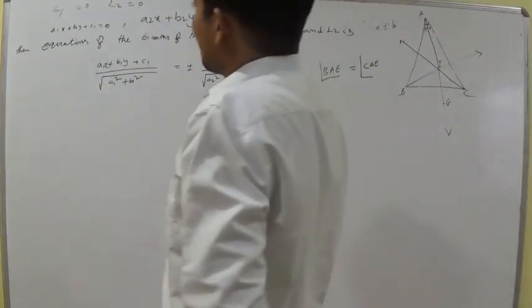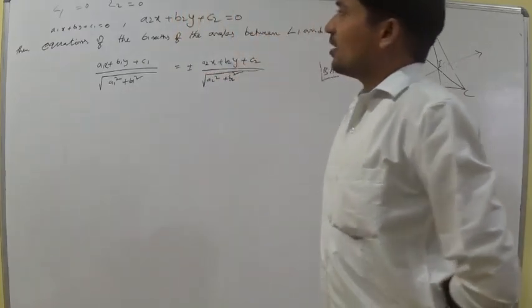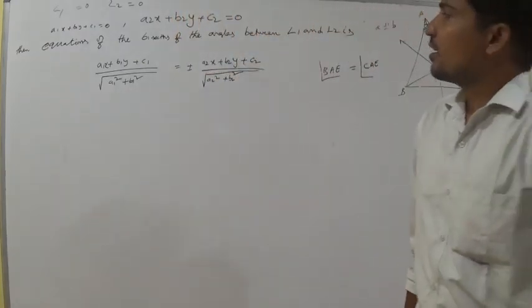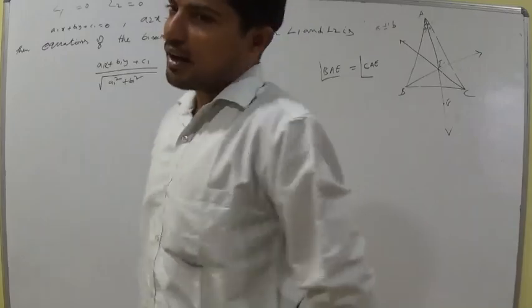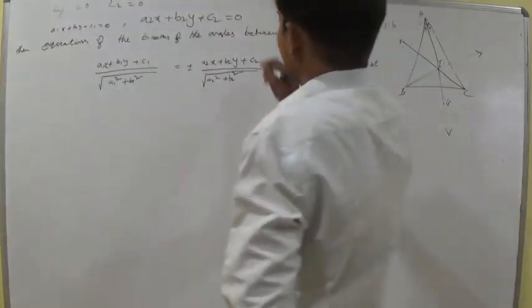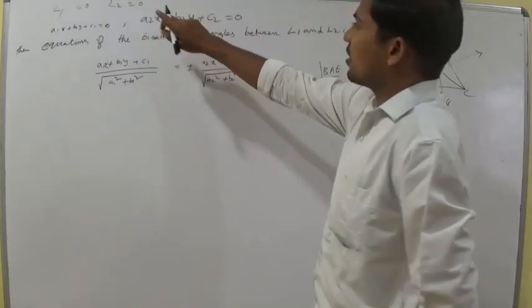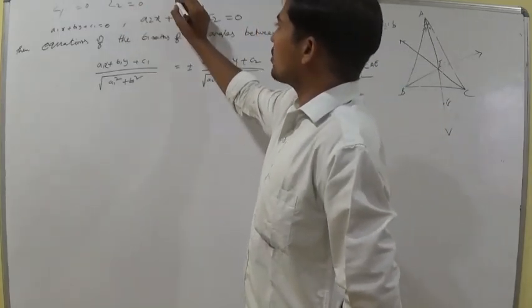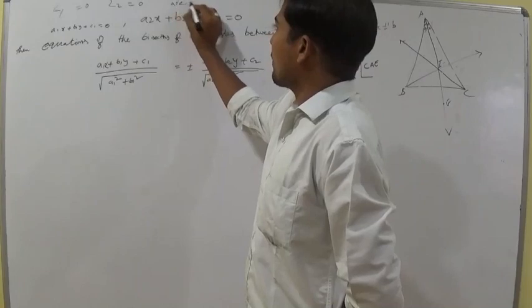L1 is equal to 0, L2 is equal to 0. These are the pair of straight lines represented by L is equal to 0.